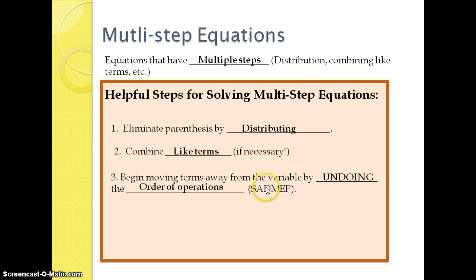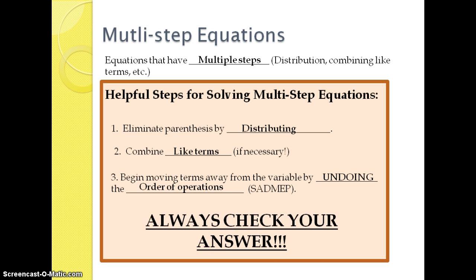Division, multiplication. If you had exponents or any sort of parentheses after that, you would address it. I don't think that will come up in today's lesson. That's more later on in the semester. And always check your answer. Always plug the value that you come to back into the equation to make sure it makes sense.